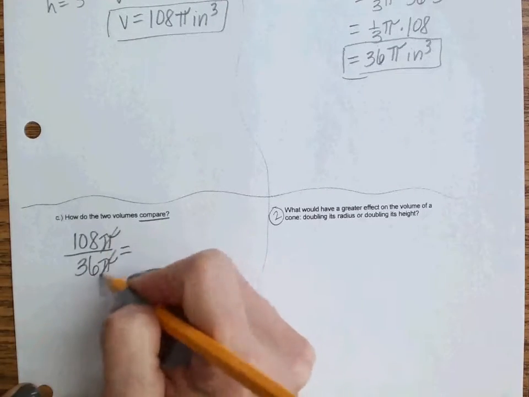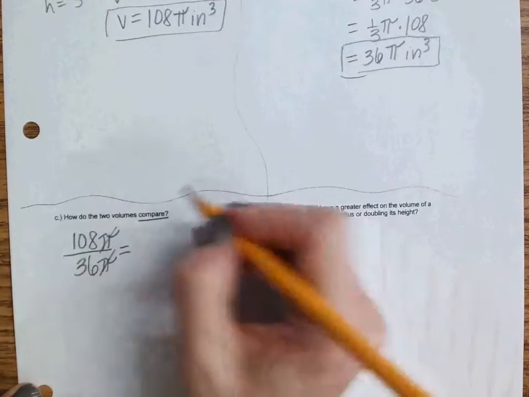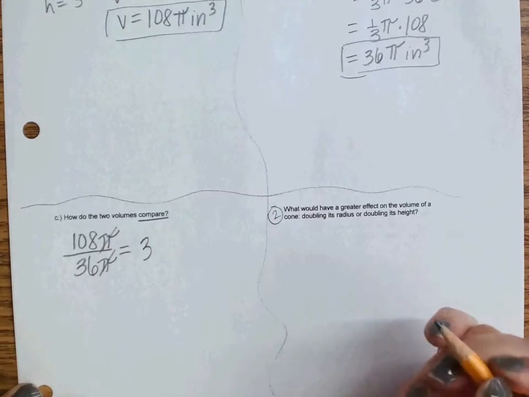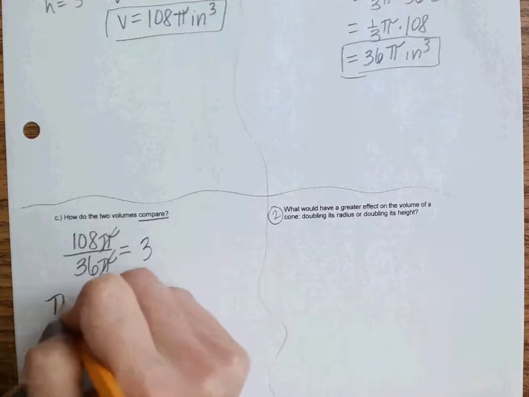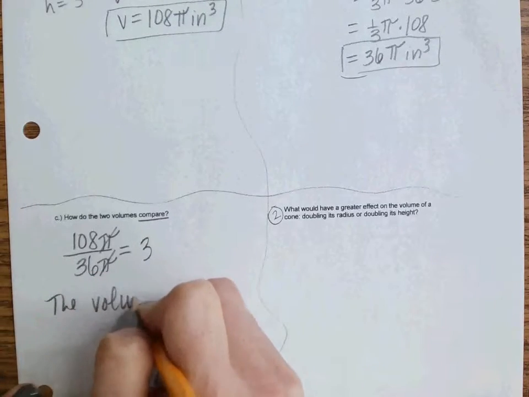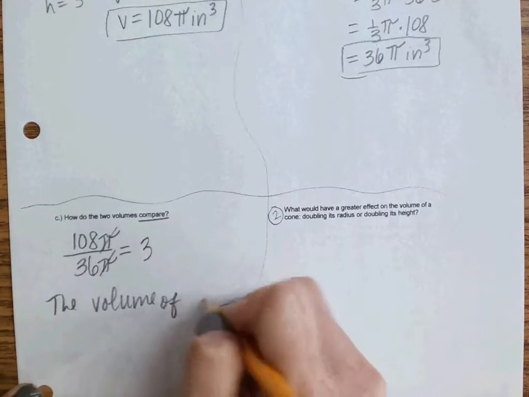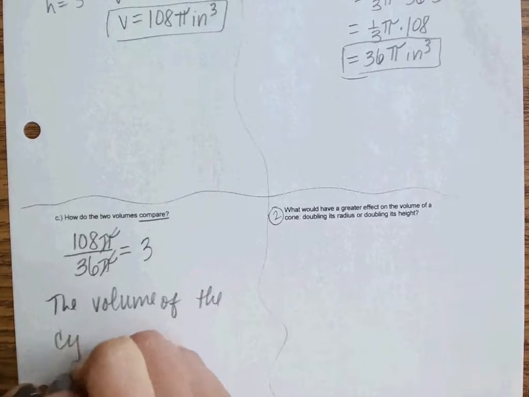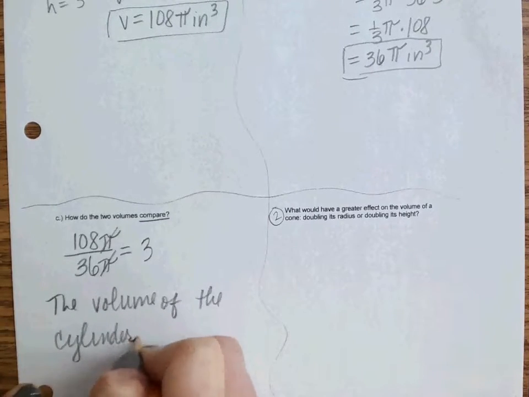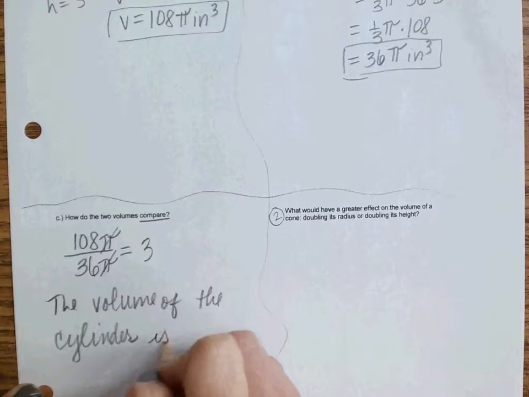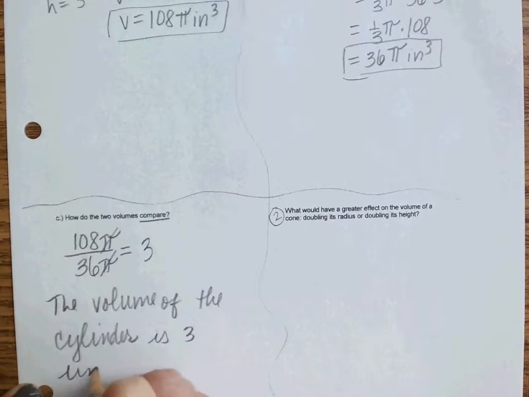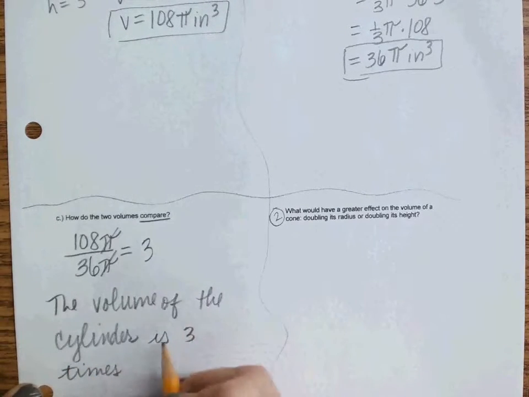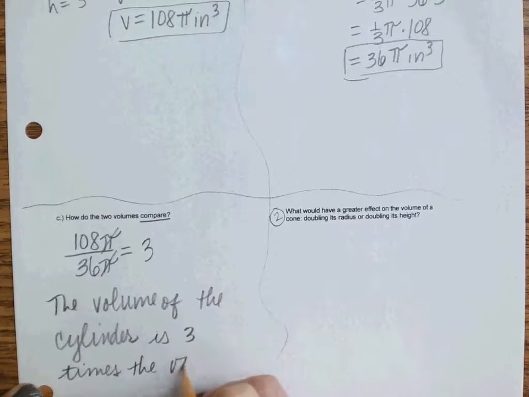Our pi's do cancel out, so 108 divided by 36 is 3. And then let's go ahead and write down that the volume of the cylinder is 3 times the volume of the cone.